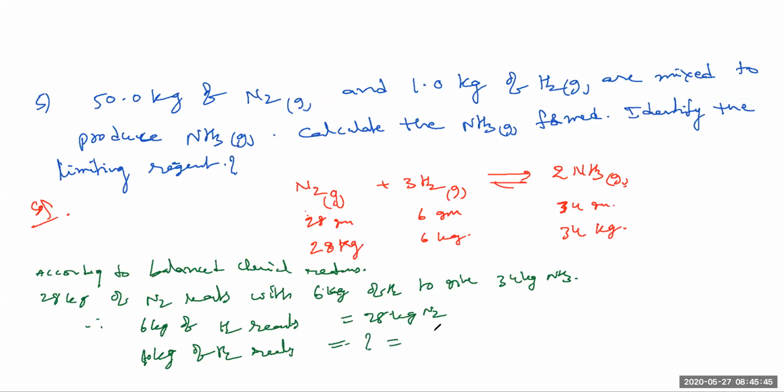That is 28 into 1 by 6, which is 4.66 kg. So observe now here: 4.66 kg. So hence, what is the limiting reagent?